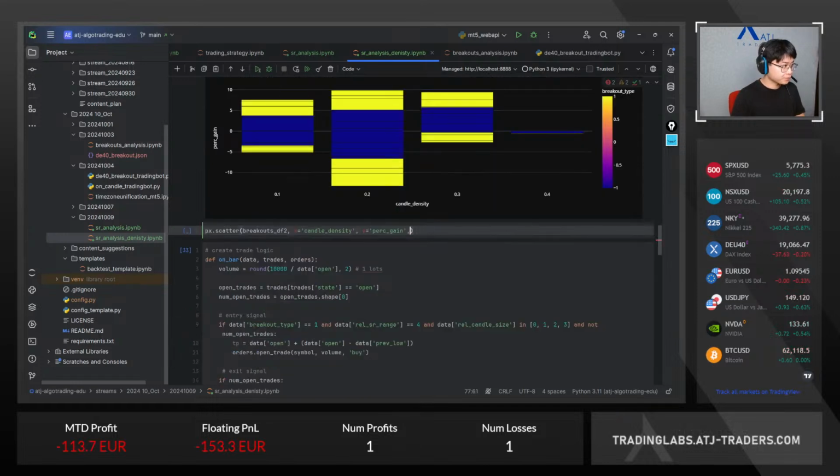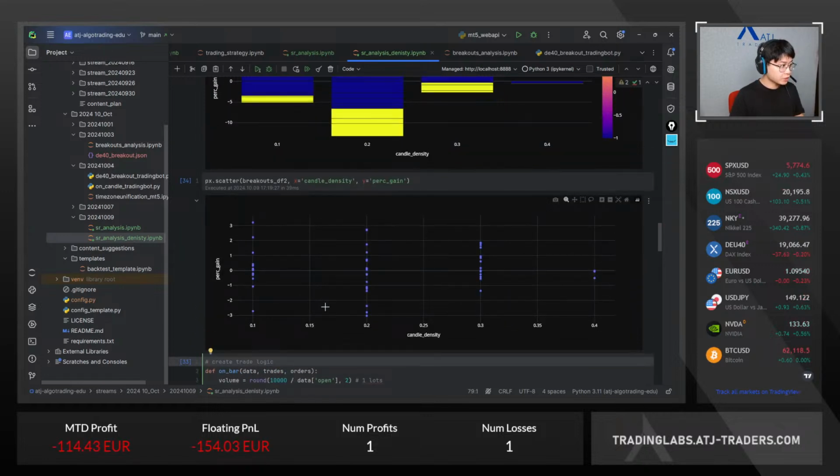Let's just start like this, just our scatter plot. See what you have here.